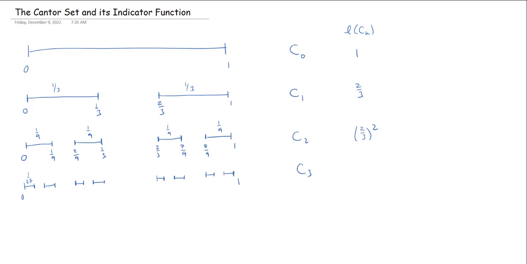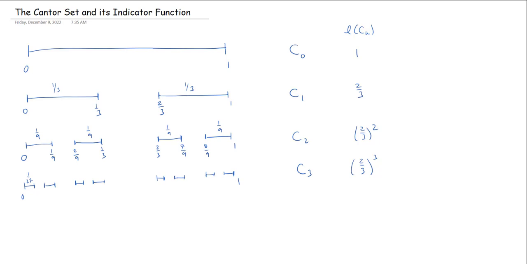But again, you see they've removed 1/3 of everything you have, so they've left you with 2/3 of what you had, so the length of what you have left over is now 2/3 cubed. And this is going to happen ad infinitum. We just keep on going forever and ever. You keep on losing the middle third of each of your remaining intervals.